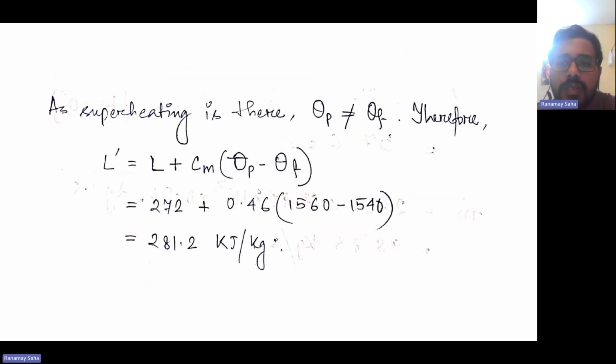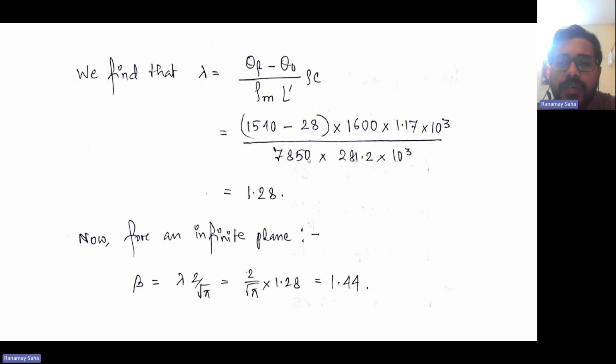Okay. And then C, the specific heat of the mold, is 1.17 into 10 raised to the power 3. Then the density of molten metal, that is iron, here is 7850, and you have L dash as 281 into 10 raised to the power 3. So calculate it out, and you find lambda is 1.28.